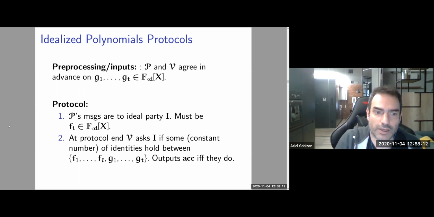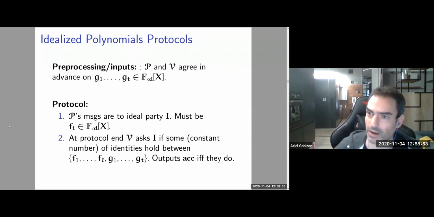Okay. And now, how does the protocol work? The messages of the prover, we think of them as always going to some ideal party. And the messages must be polynomials of degree smaller than d. If the prover tries to send something else, then everything is aborted. So the protocol proceeds: the verifier sends messages that are usually random coins to the prover.